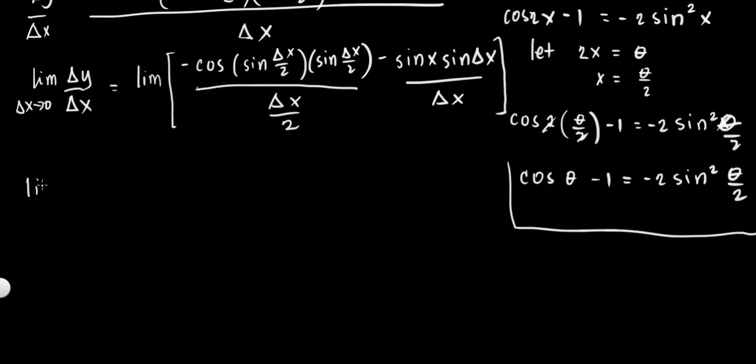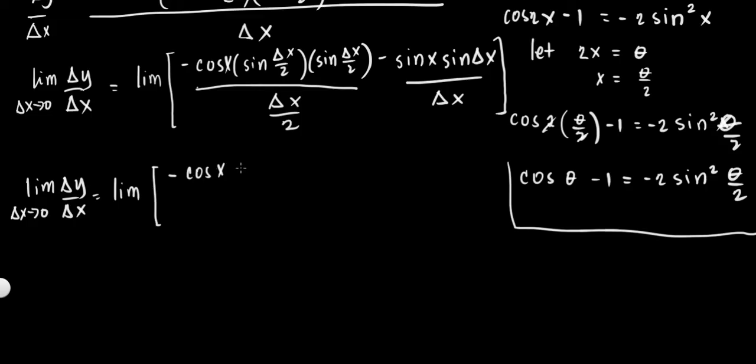So, we have here the limit of delta y over delta x as delta x approaches 0 is equal to the limit of, rewriting lang, rewrite lang. So, minus cosine of, see, this is cosine x.